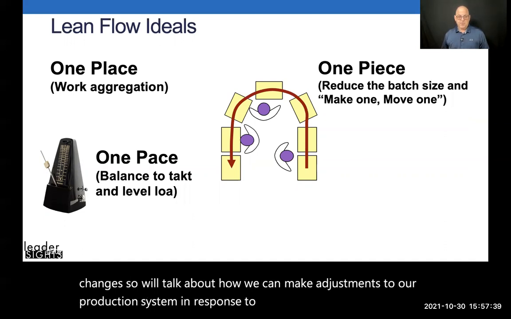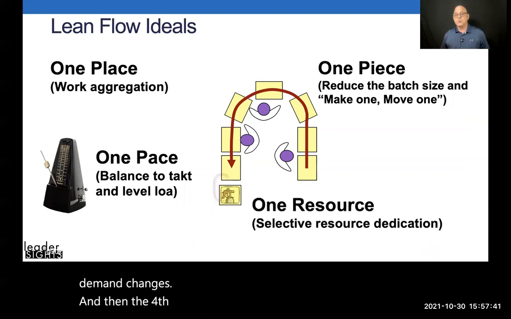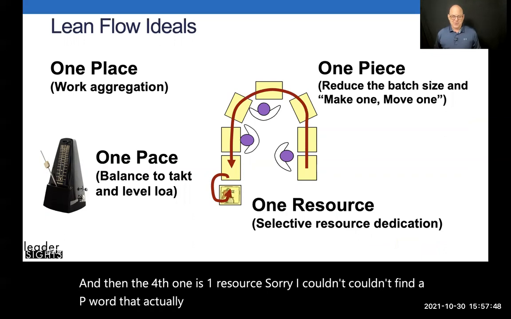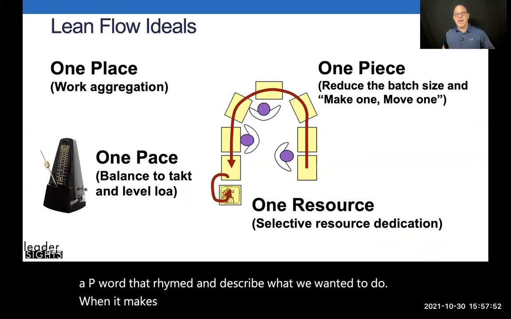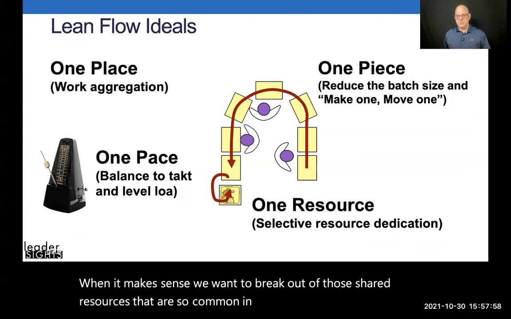And then the fourth one is one resource. Sorry, I couldn't find a P word that actually rhymed and described what we wanted to do. When it makes sense, we want to break out of those shared resources that are so common in conventional mass manufacturing systems.